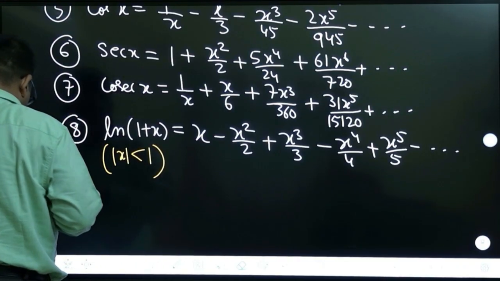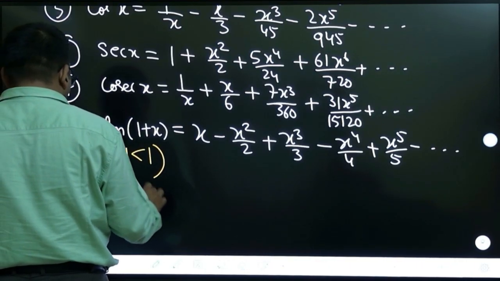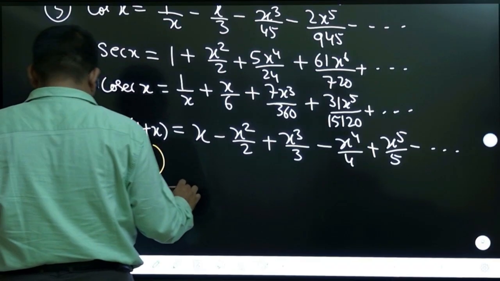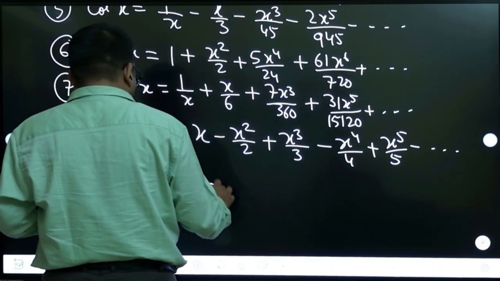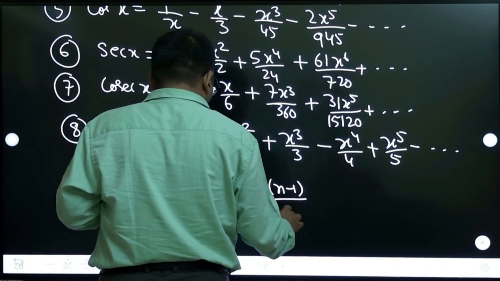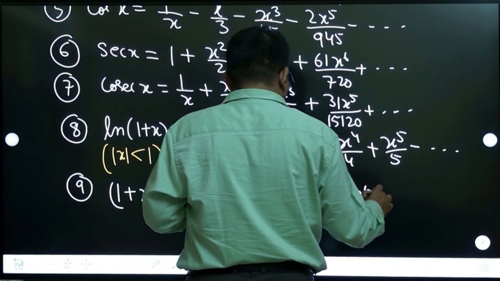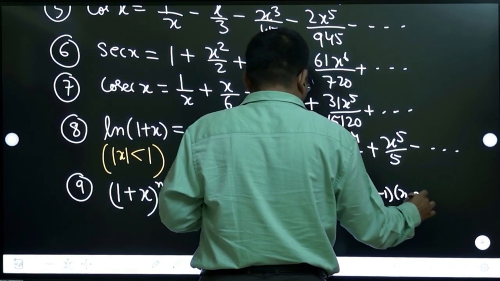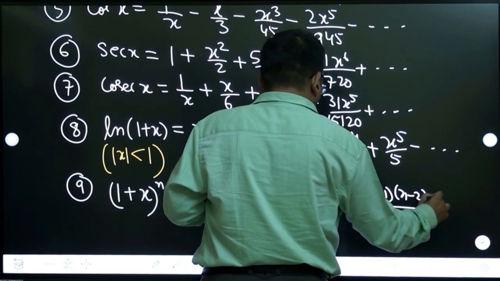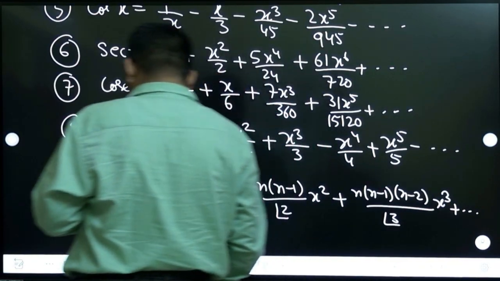So let us go for something different. 1 plus x power n we already discussed previously, right? So that is 1 plus nx plus n into n minus 1 by factorial 2 x square plus n into n minus 1 into n minus 2 by factorial 3 x cube plus dot dot dot.